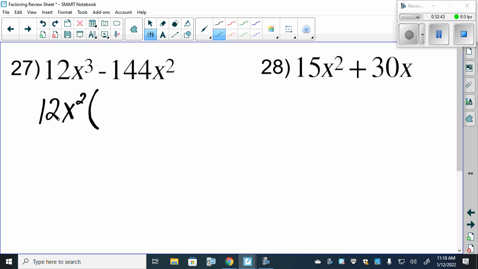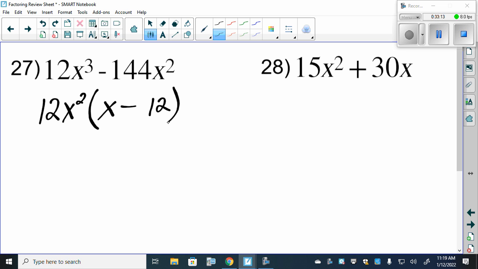So if I factor 12x squared out of 12x cubed, well, 12 will factor out completely, and x cubed would become x. Because if I have 3 and take 2 away, I will have 1 left over. Minus, because we didn't pull out any signs. 144 divided by 12 is 12, and the x squared will factor out completely.